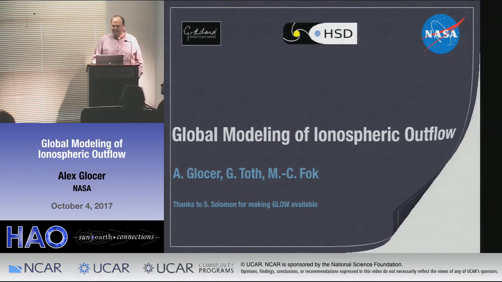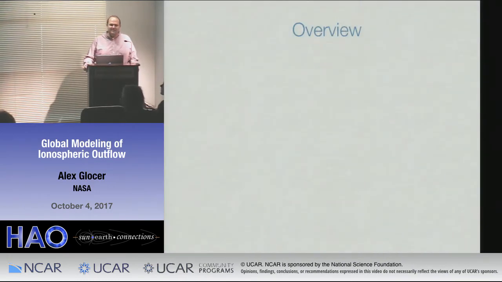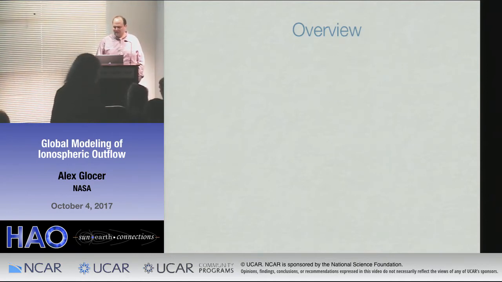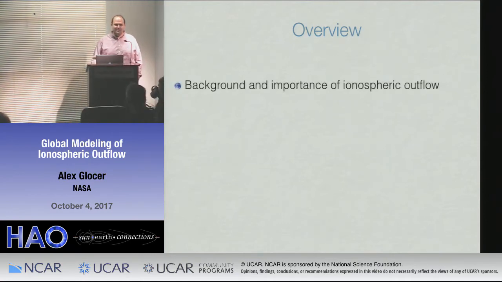So, before we dive into the material, I want to go over briefly what topics I'm going to cover. I'm going to start with a description of background and motivation, why you should care about ionospheric outflow and why this is an important topic.